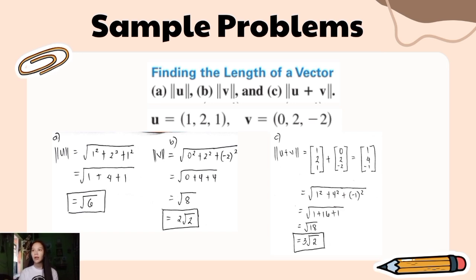Adding those, we got 1 plus 0 is 1, 2 plus 2 is 4, 1 plus -2 is -1. Using our formula, we got the square root of 1 squared plus 4 squared plus (-1) squared. Simplifying, we got the square root of 1 plus 16 plus 1, and the answer is the square root of 18. Reducing it, the square root of 18 is 3 square root of 2. And that's our answer for our first problem.